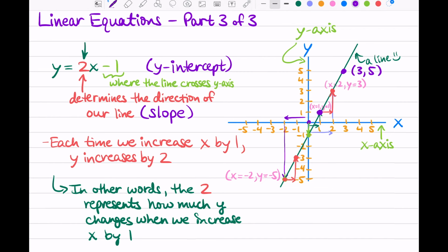And to get from 1, 1 to that point x equals 3, y equals 5, well, we run from 1 to 3. We call that running. From x equals 1 to x equals 3. And then we rise up to 5.